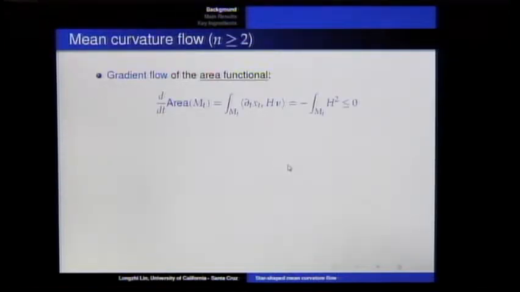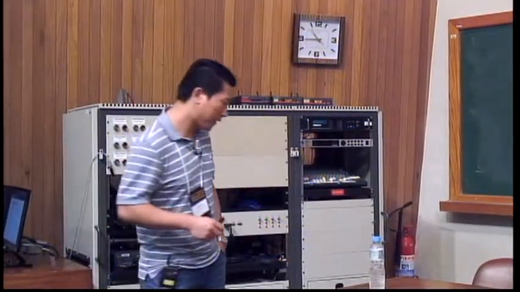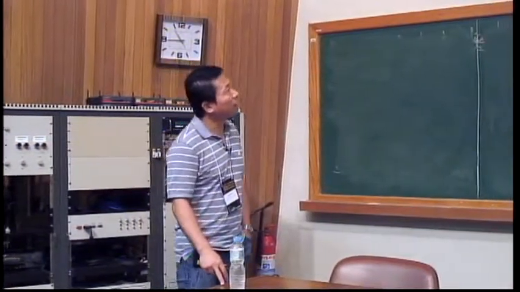In the higher-dimensional case, the curve shortening flow decreases the length functional most rapidly, so in high dimension you talk about the area functional. The mean curvature flow really is just the natural negative L2 gradient flow for the area functional.